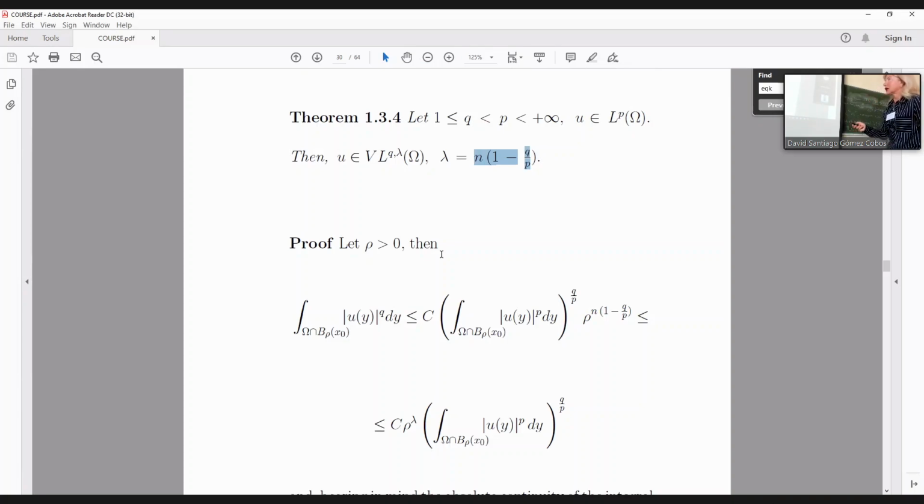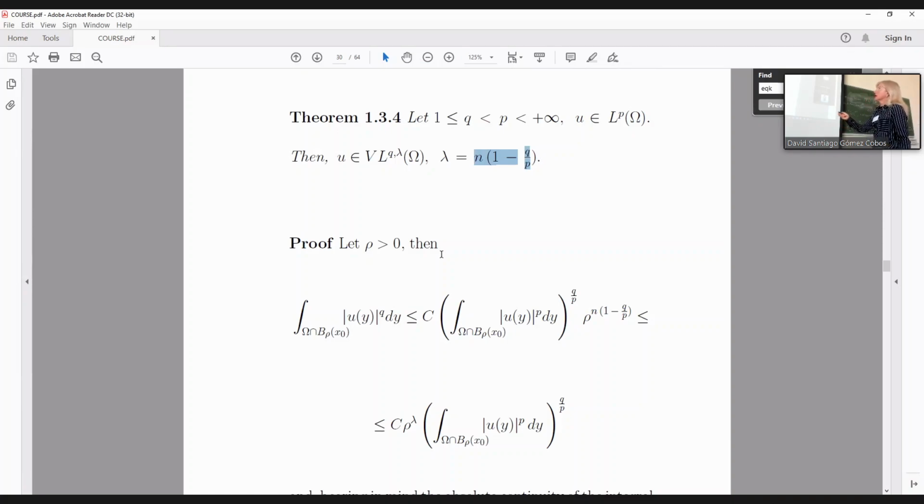Then we have the integral in omega cap B x0 rho of u p with exponent q over p times the measure of the set, so rho with exponent n times 1 minus q over p.